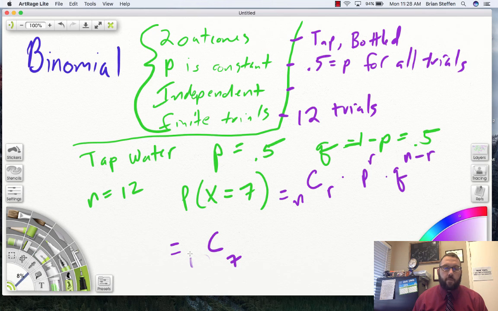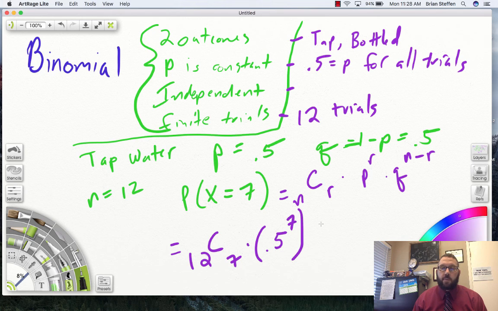So I have 12 C 7. P is the probability of success, which is 0.5. And I want 7 of them to happen, 7 successes, so it's 0.5 to the 7th.